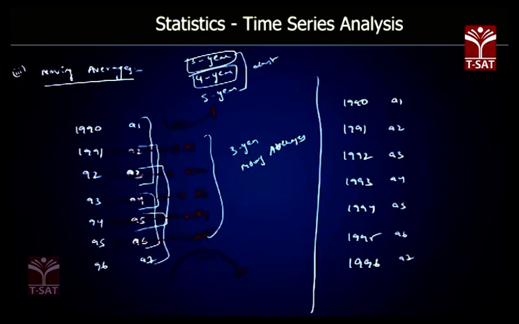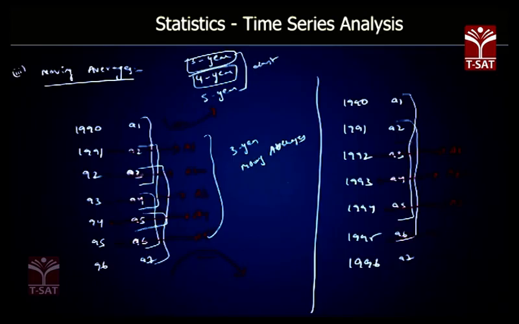In the same way here we have to consider the 5 values A1, A2, A3, A4, and A5, find the average and assign that average value to the middle year, that is 92. In the same way calculate the average of the next 5 numbers, that is A2, A3, A4, A5 and A6. What is the middle value for that? It is 1993, that is A2, that average.